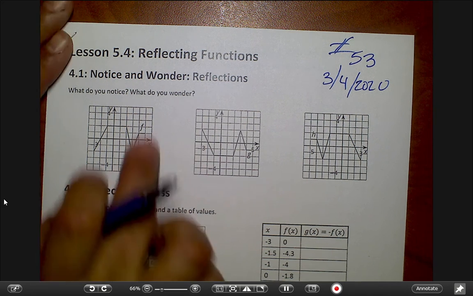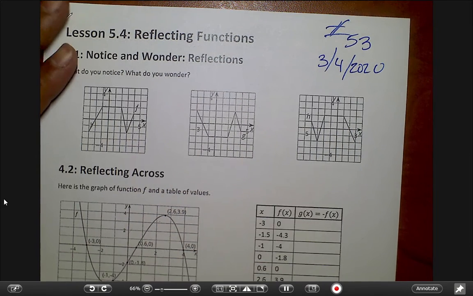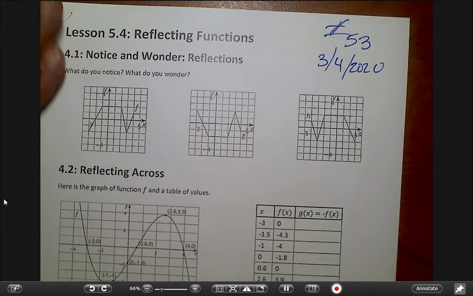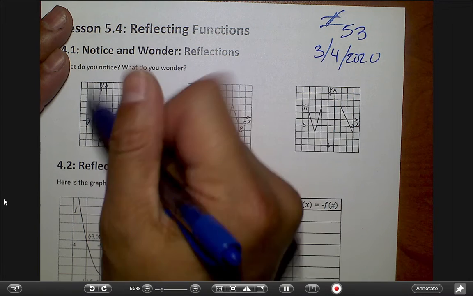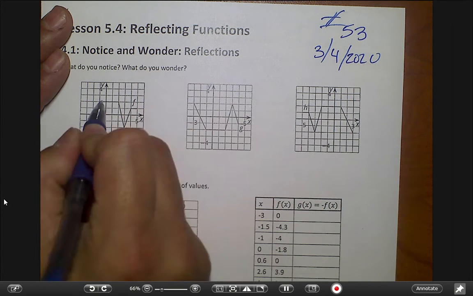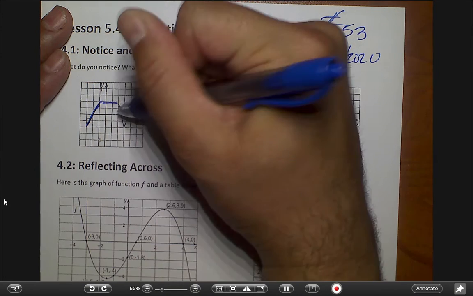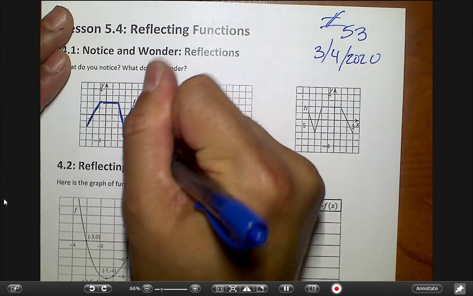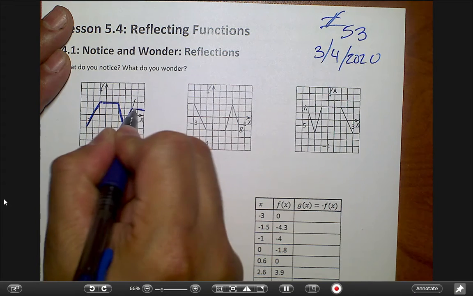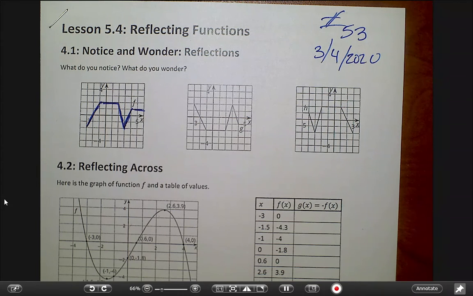If this is my first one, this is my function. What is g doing compared to my function? I'm going to trace it so you guys can see it a little better.